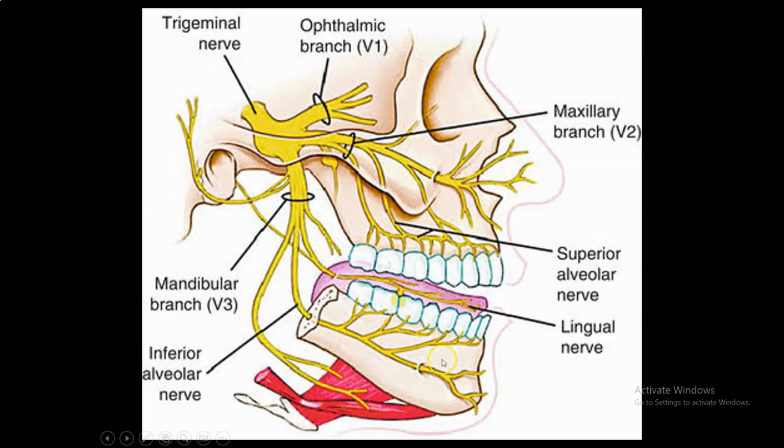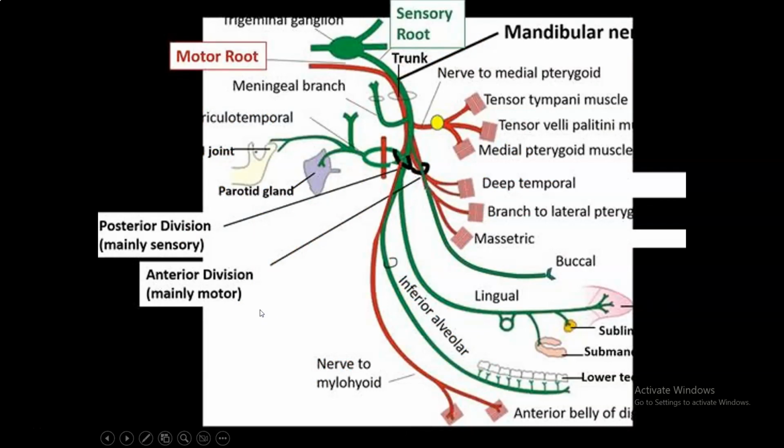So this is the view of the infratemporal fossa, and this is the mandibular nerve in the infratemporal fossa. It has a main stem, and an anterior division and a posterior division. So: trigeminal ganglion, foramen ovale, mixed nerve. The green is for the sensation and the red is for the motor, and it has a main trunk.